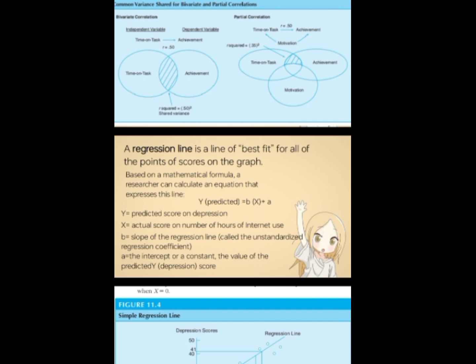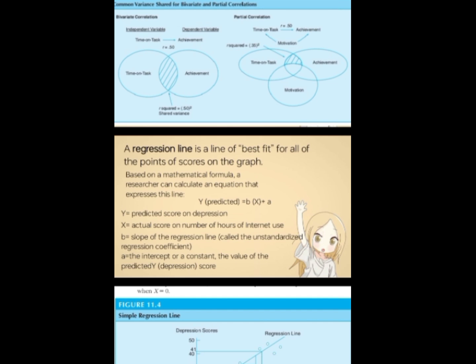Correlation researchers use the correlation statistic to predict future scores. So next is a regression line. A regression line is a line of best fit for all of the points of scores on the graph. This line comes the closest to all of the points on the plot, and it is calculated by drawing a line that minimizes the squared distance of the points from the line.